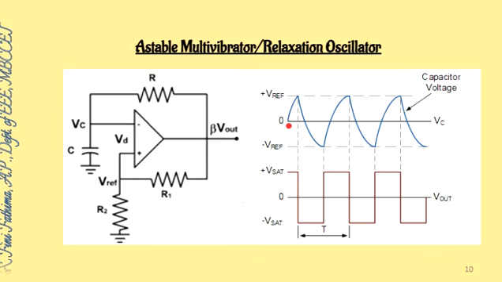That is, the capacitor charges and when it reaches up to the V reference, then VC is equal to V reference. When it becomes greater, then naturally the op-amp switches back. That's why the op-amp switches back to minus VSAT.